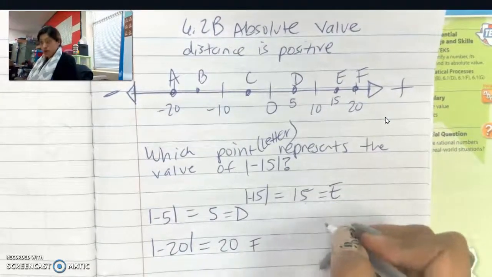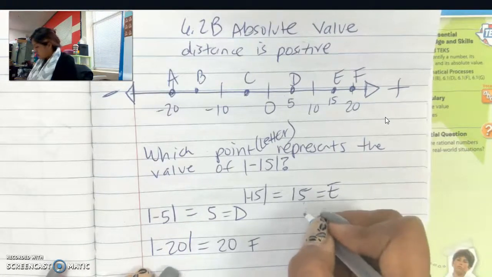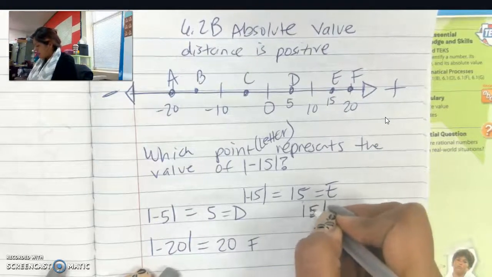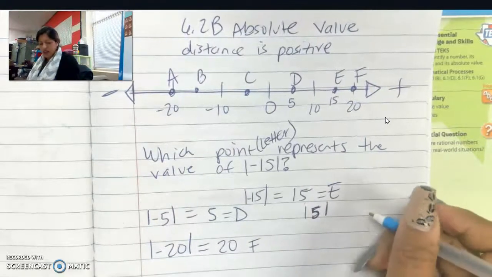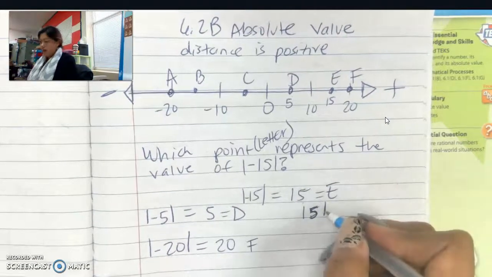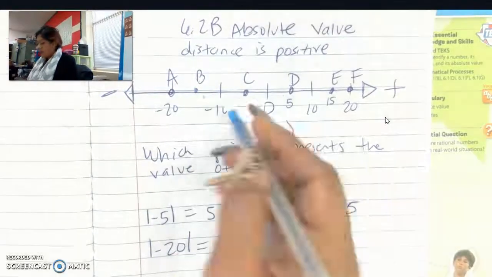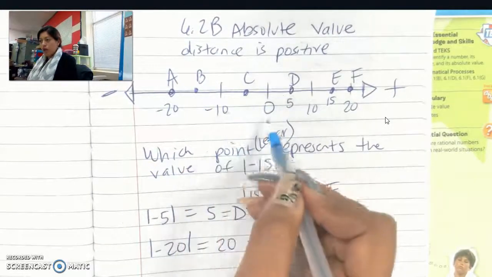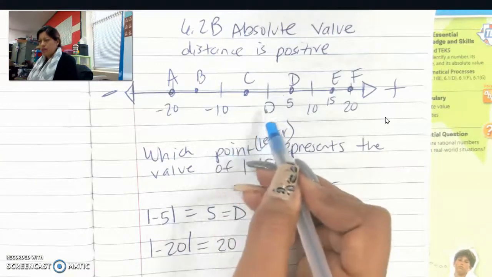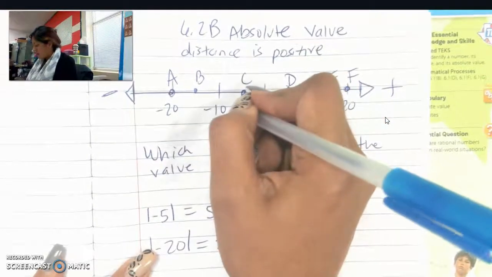Now, what about this? What about a positive 5? If I ask you for a positive 5, what's going to happen here? Yeah, this is going to stay a positive. So that would be the one that's close to the 0, because, see, in between 0 and 10, that's going to be 5.